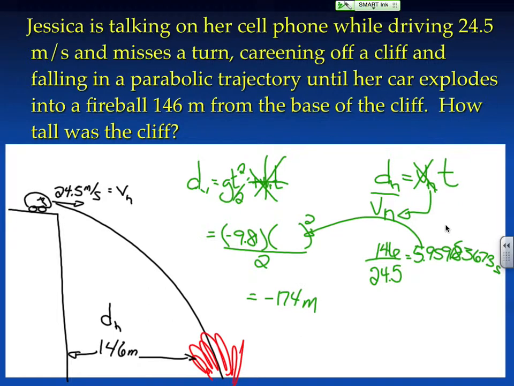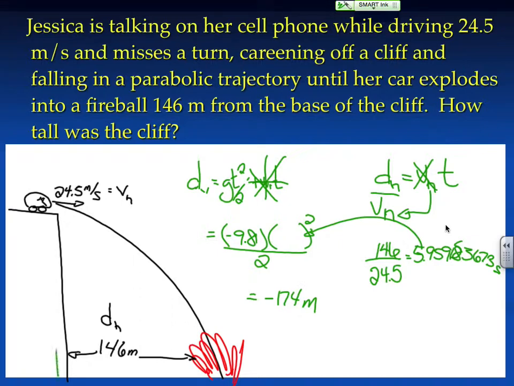Now, what does the negative mean? Going down. I am now 174 meters lower than where I started, or Jessica is. So she's buried down here somewhere, and that's 174 meters lower. Now, I didn't say how far did she fall. I said how tall is the cliff, and we don't measure cliffs from the top down.